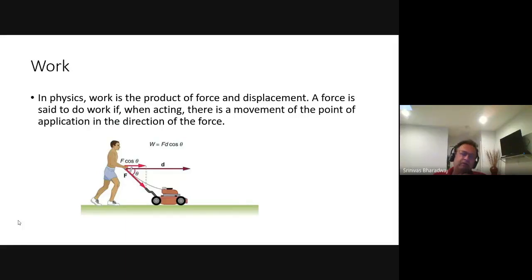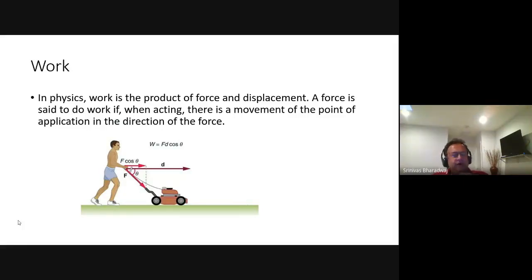You all know that force is a vector. Displacement is also a vector. The scalar product of the force and the displacement gives you work.